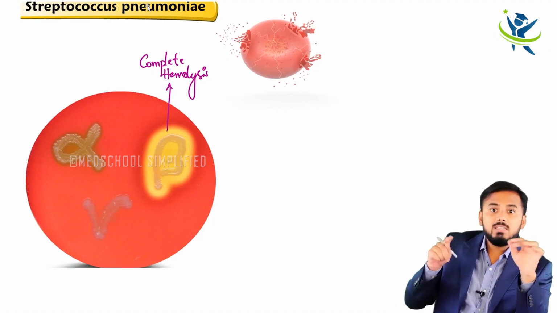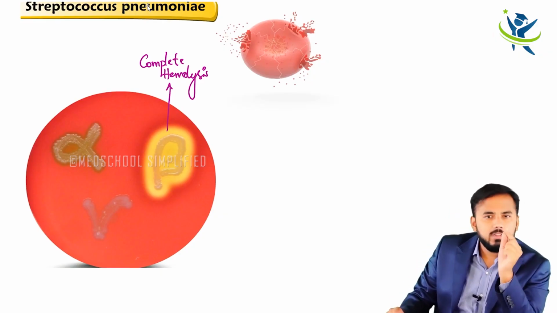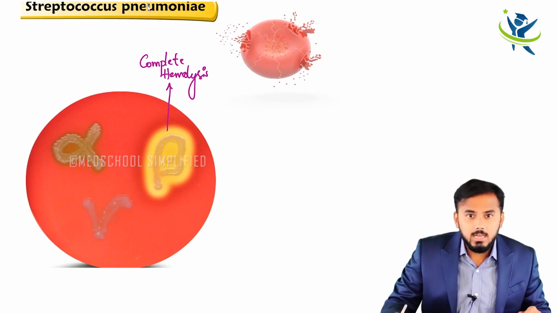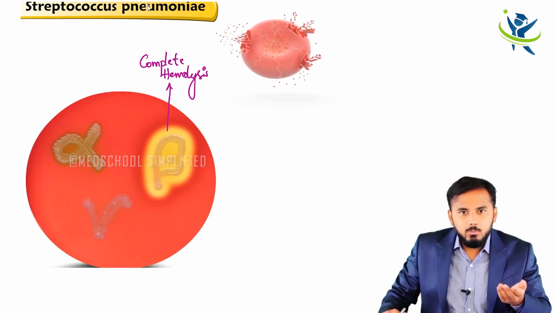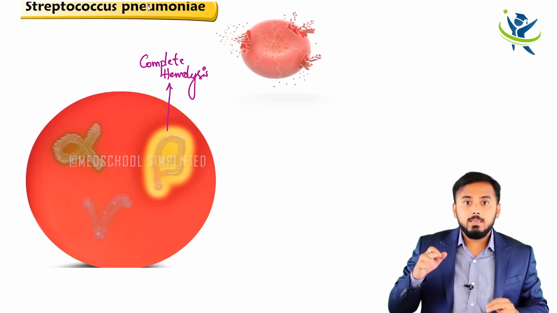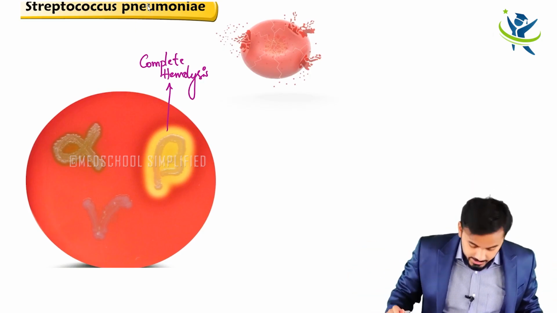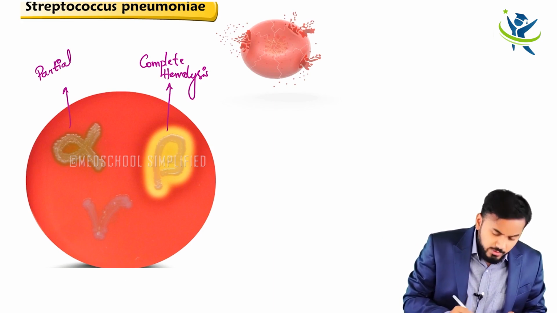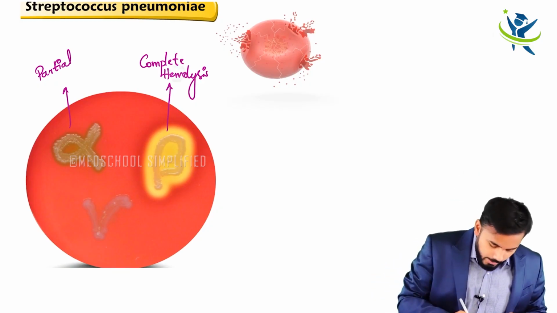But surrounding gamma, as there is no pale zone, it means if you put 100 RBC, not even a single RBC has been broken down. There is no hemolysis of even a single RBC. So, can I call alpha hemolysis partial hemolysis? Can I call gamma hemolysis no hemolysis or incomplete hemolysis? Yes, alpha hemolysis is also called partial hemolysis. Why partial? Because only a few RBC have been broken down. There is lysis of only a few RBC.